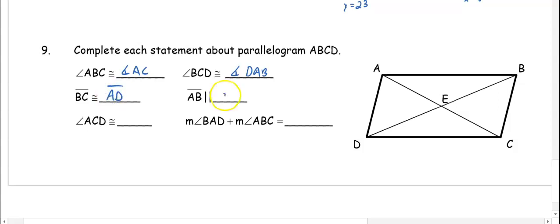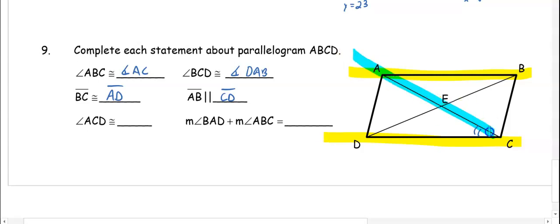AB is going to be parallel to the opposite side CD. Angle ACD, this is an alternate interior angle using our parallel lines and our transversal. We would say that that is going to be congruent to angle BAC.